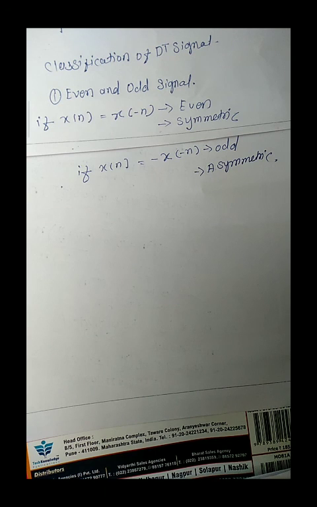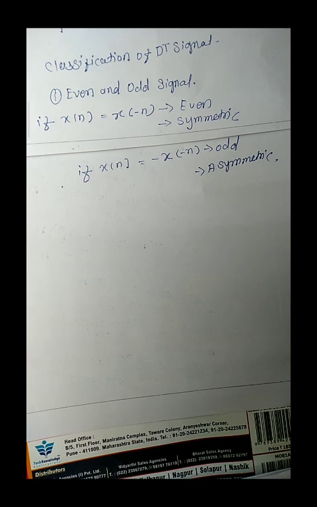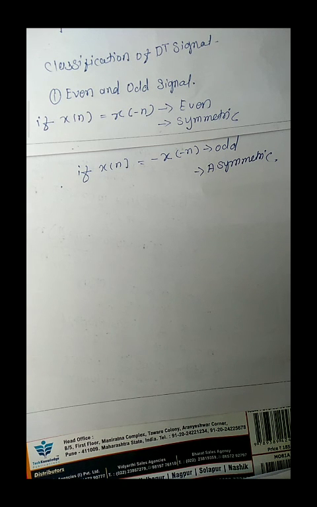First, for an even function, x of n is equal to x of minus n. And second, for an odd function, x of n is equal to minus of x of minus n. Basically, even and odd functions are mirror images of x of n.